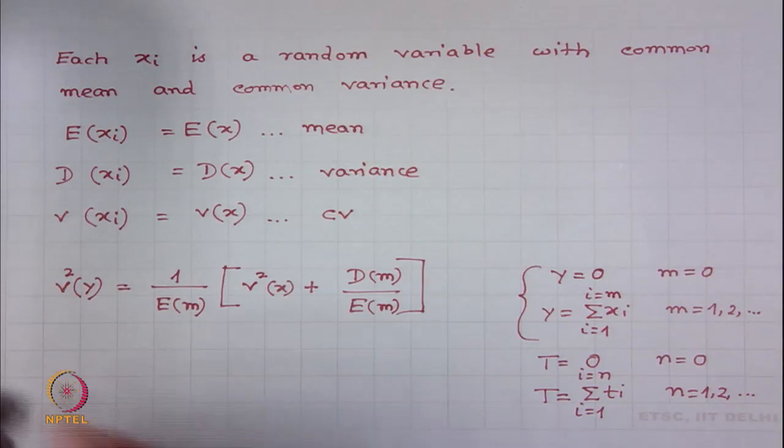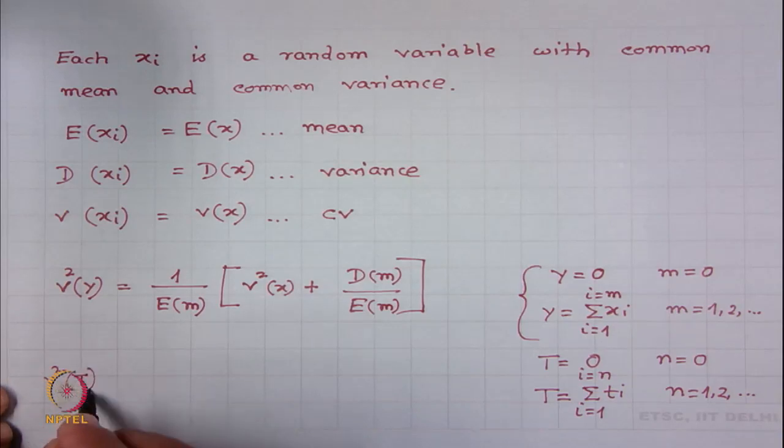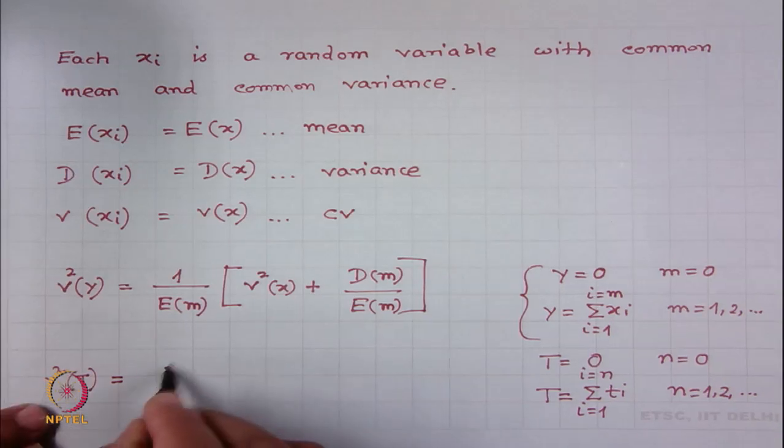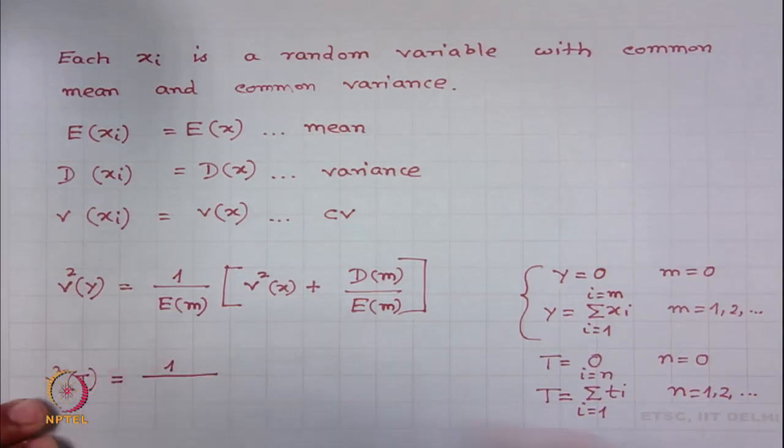Then the square of CV of this is equal to 1 divided by expectation of n.